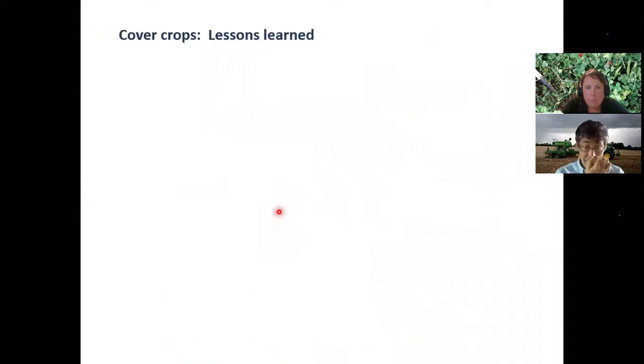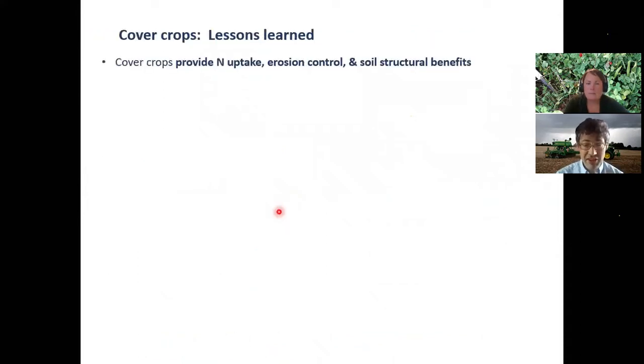So just to sum up with a few lessons learned, there are many lessons, and I'm sure we'll have a good debate today as to what those are. But cover crops provide benefits that are well quantified in terms of nitrogen uptake, reducing erosion, and soil structural benefits.